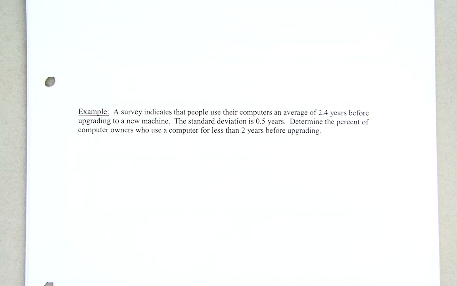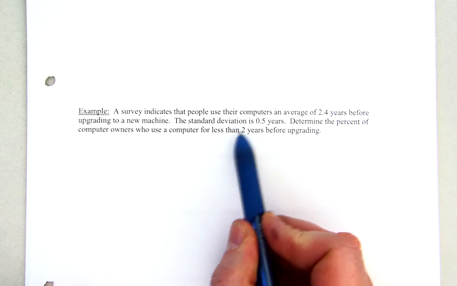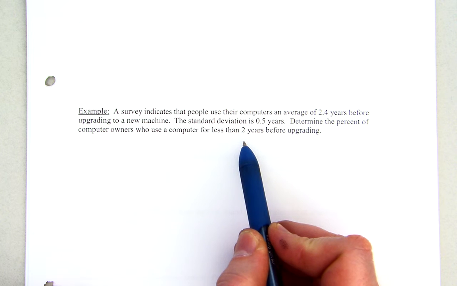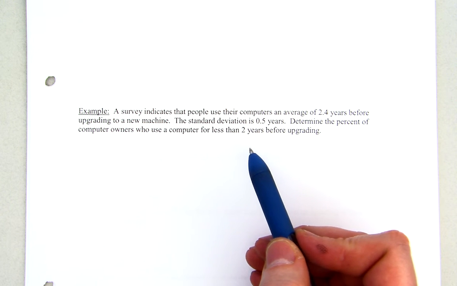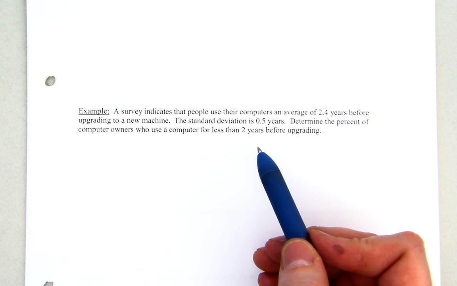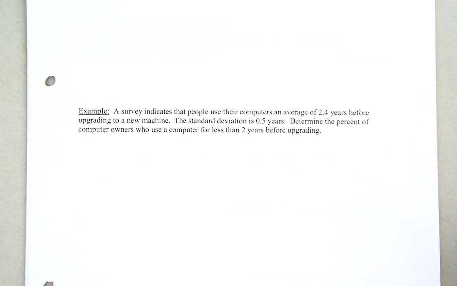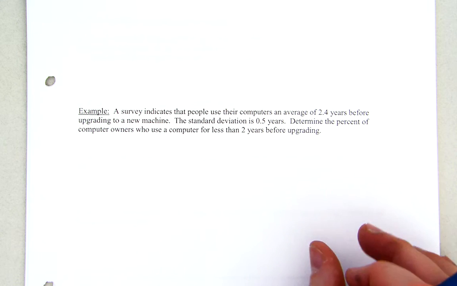This looks like it would be an empirical rule problem, but if we tried to use that empirical rule with 34, 34, 13.5, and all that stuff, we would see that 2 years wouldn't show up exactly on one of the tick marks, so we need some other way to deal with this. We need to see how we can use that table of values, the table with the standard normal distribution, to find the percent of data for any of these normal distribution problems.